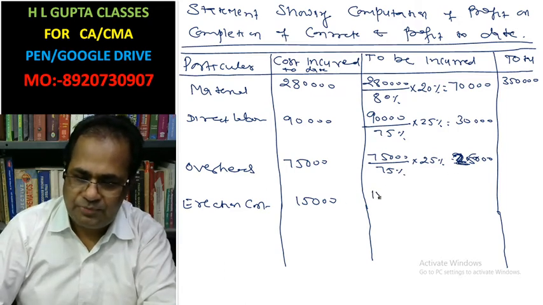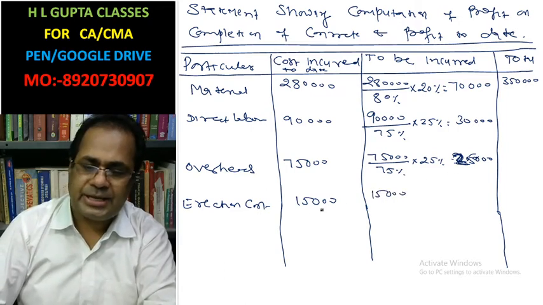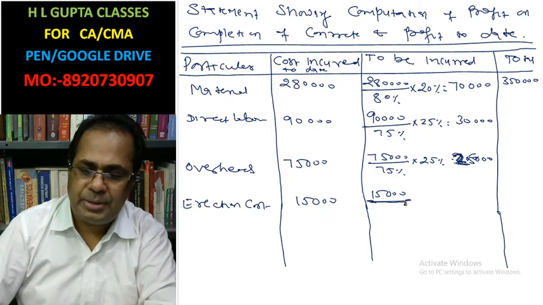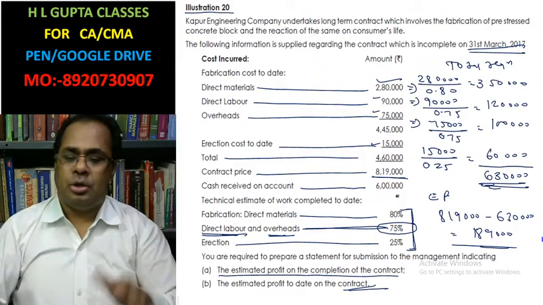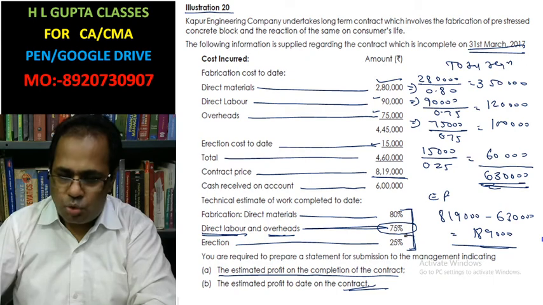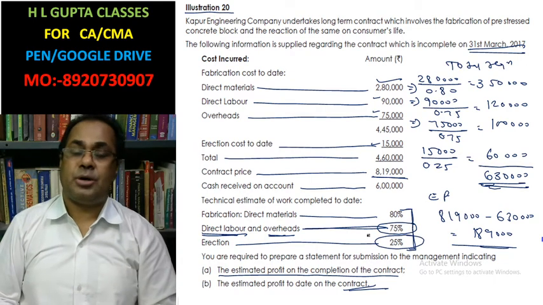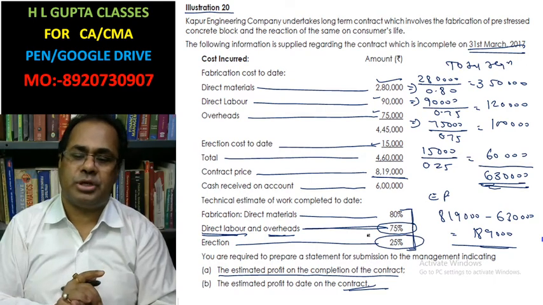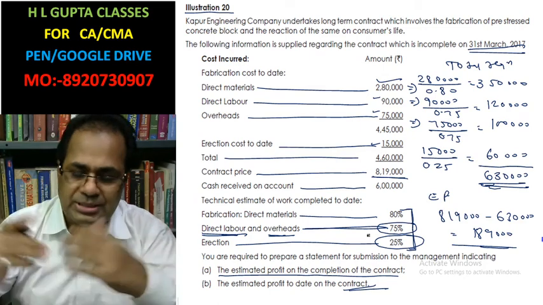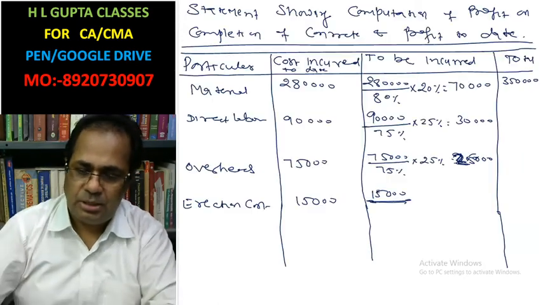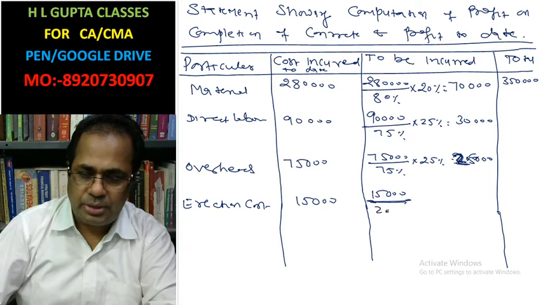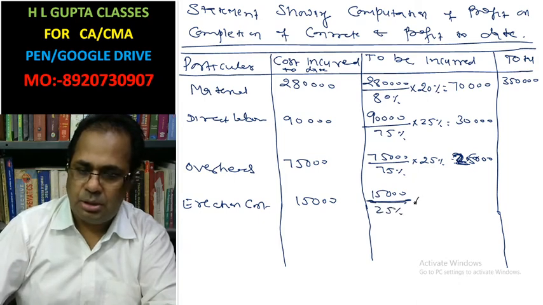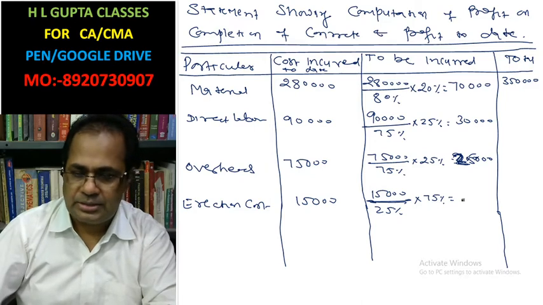Now the erection cost of 15,000 is 25% of the total erection cost, so 75% is still required, that is 45,000.